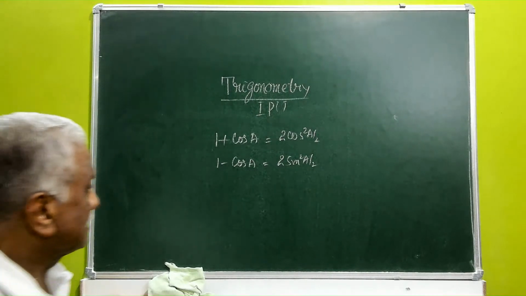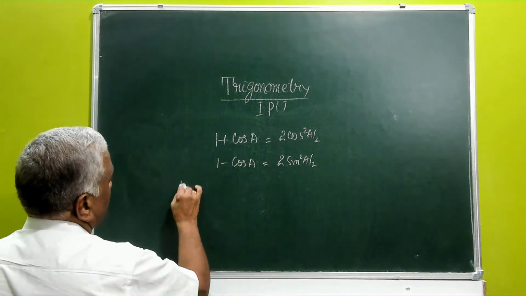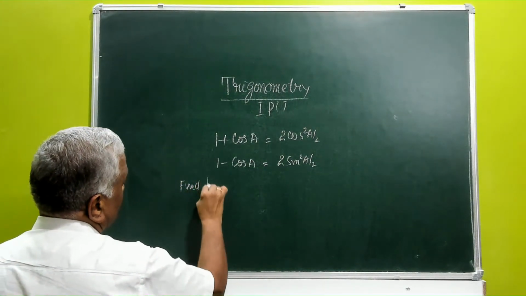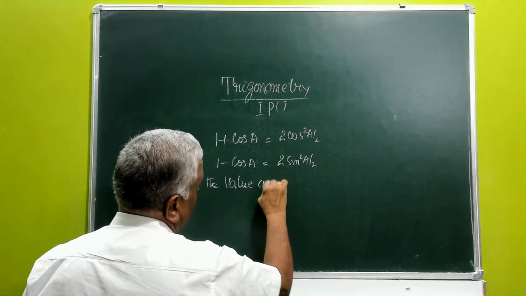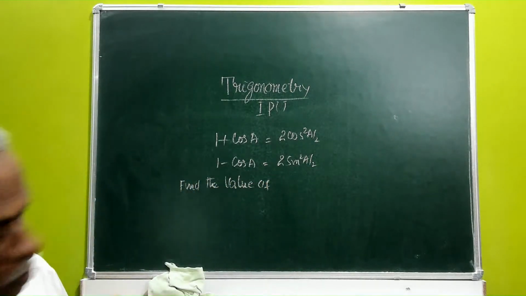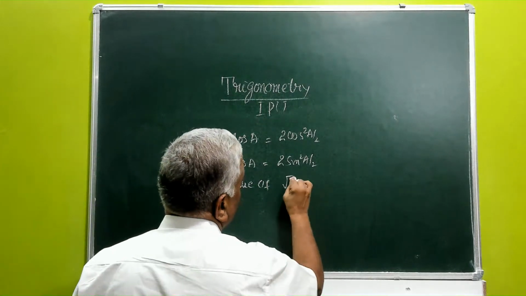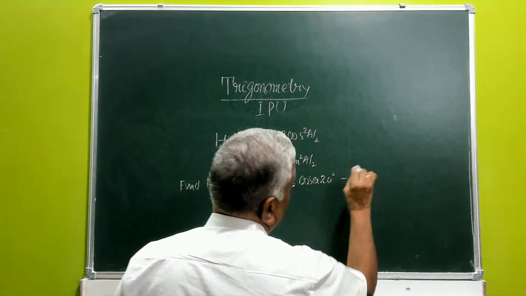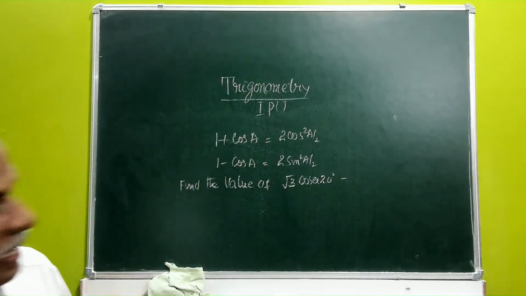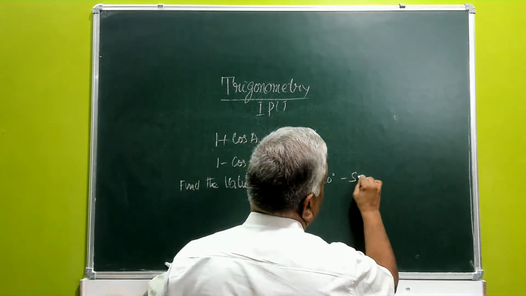So one of the years there was a question. Find the value of root 3 cosecant 20 degrees minus secant 20 degrees.